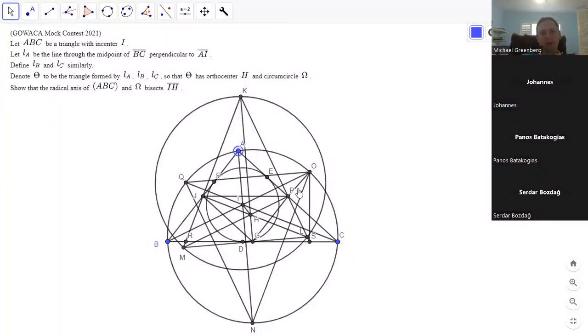How do we know that OS is perpendicular to BC? Well, the Simpson line of O is perpendicular to BI. We can easily prove that. Okay. And OP is perpendicular to AC, so it passes through P. Okay.